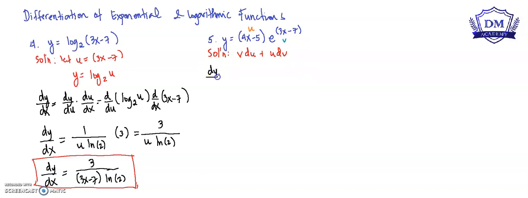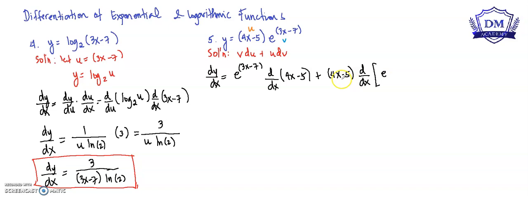Okay, so our dy over dx is equal to e raised to 3x minus 7, multiplied by the derivative of u, which is 4x minus 5, plus u, which is 4x minus 5, times d over dx of e raised to 3x minus 7.